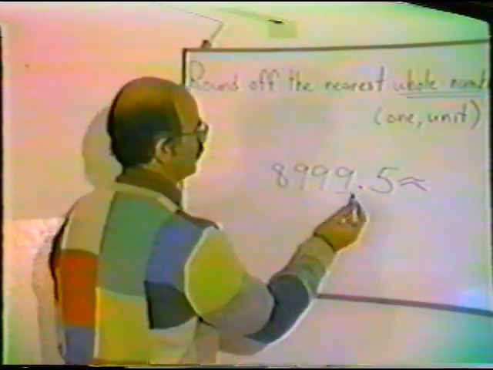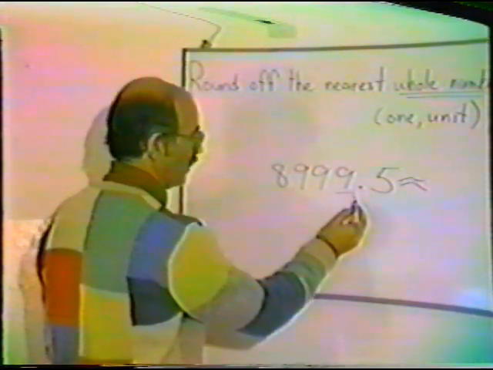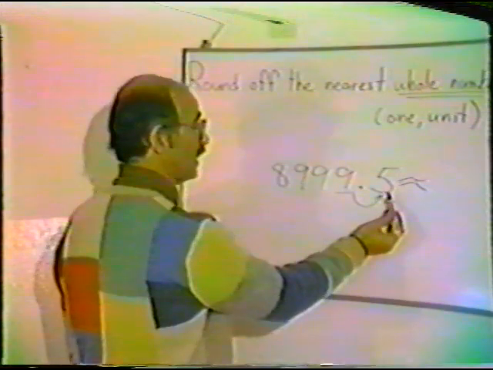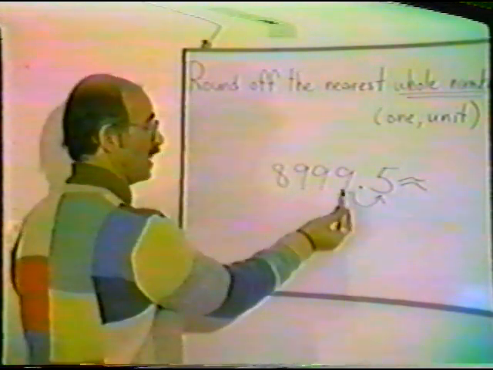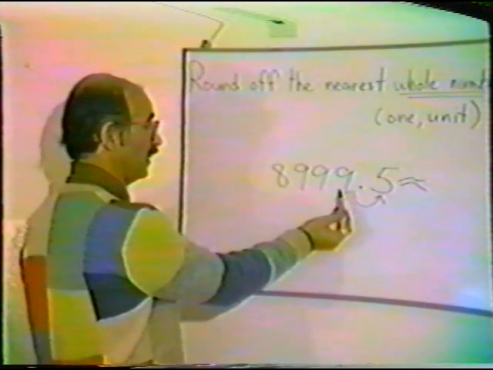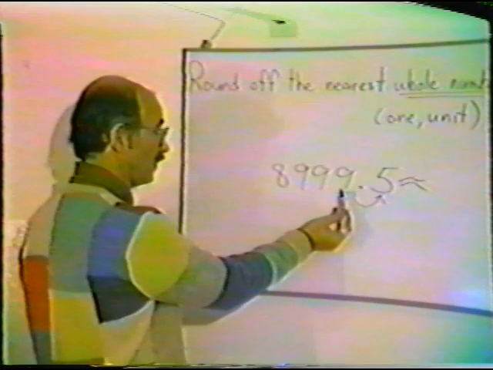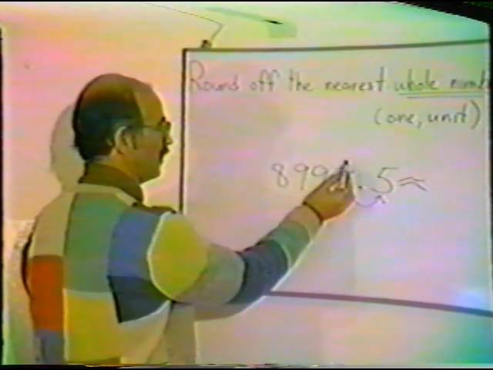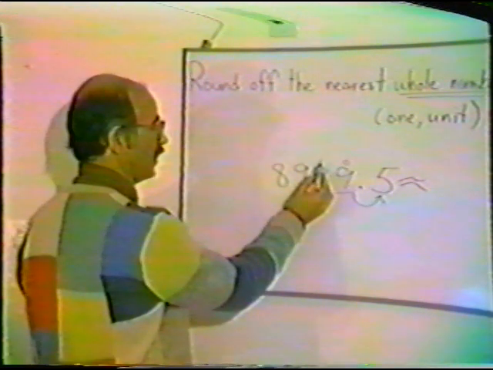That's in the ones place. We point to the 5. The 5 tells you that what happens to the 9? It goes up. To what? 10. To a 10. Well, how do I write a 10 in there? Let's put the 0 here and the 1 here.